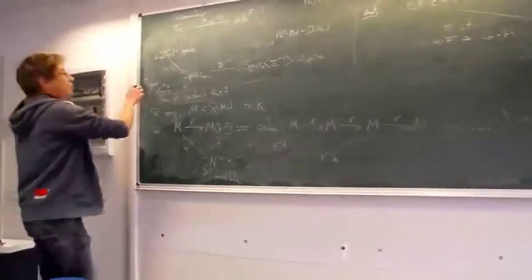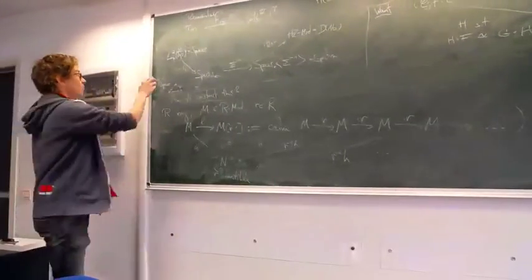Okay, now how can we construct this stabilization by a functor with exactly the same strategy?